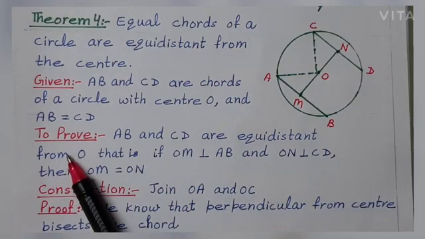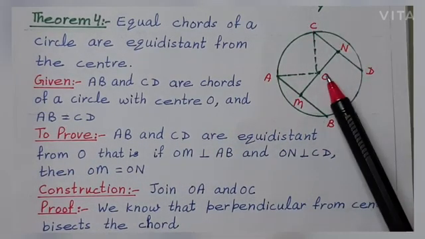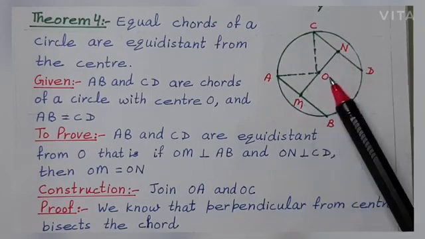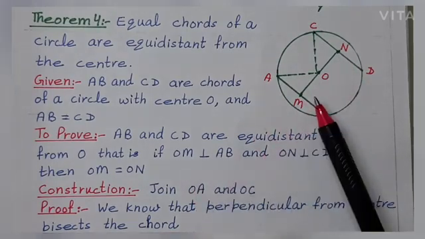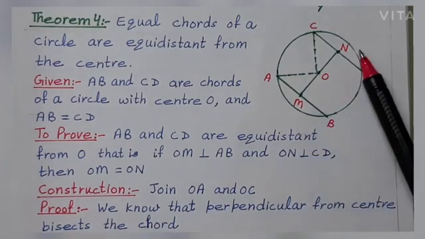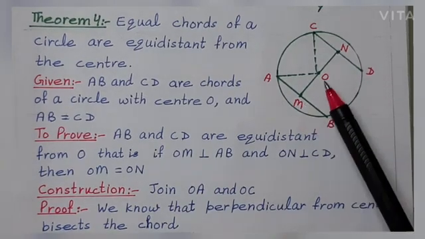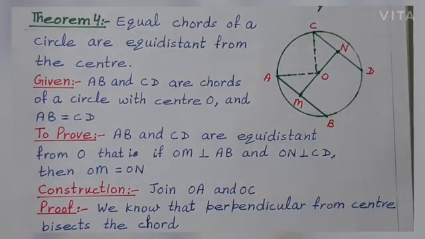And what we have to prove? AB and CD are equidistant from the center. That is, we have to prove that OM is equal to ON, where OM and ON are perpendicular to the chords. Clear?